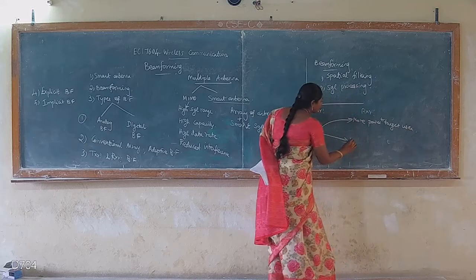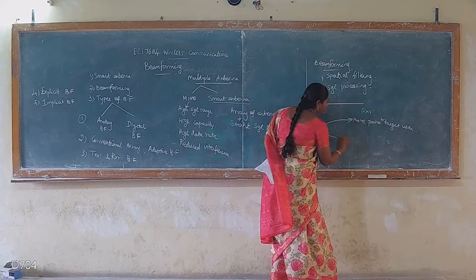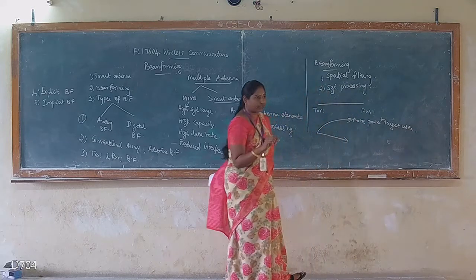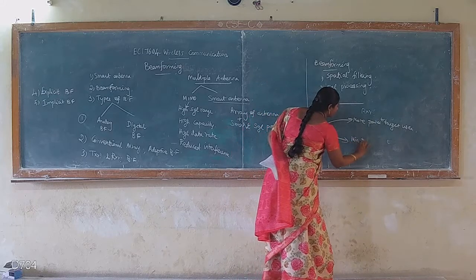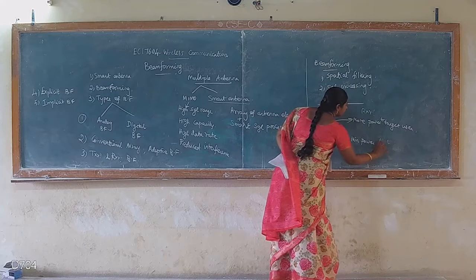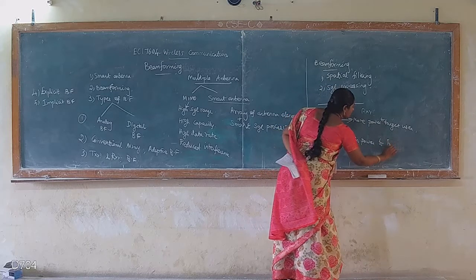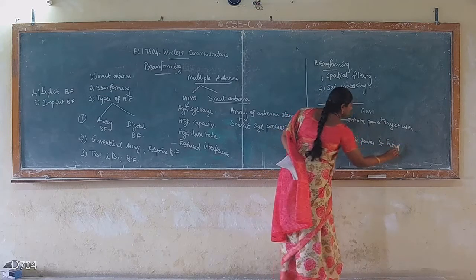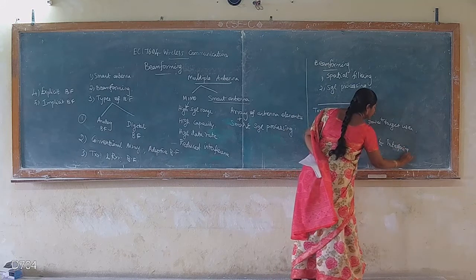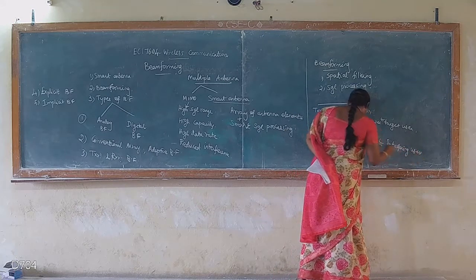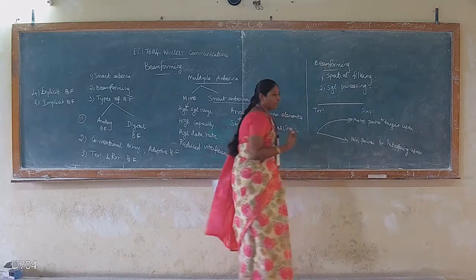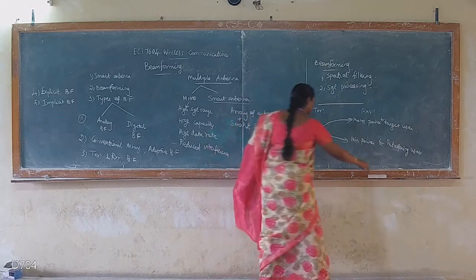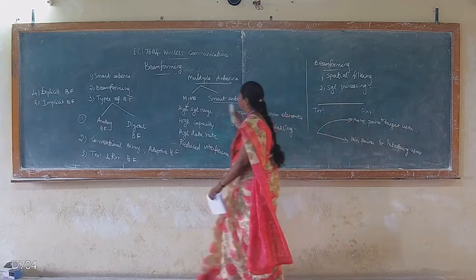Other users, called interference, should get minimum power. So minimum power is transmitted to interfering users. This is the principle of beamforming. How can we implement beamforming? This is one example of beamforming.